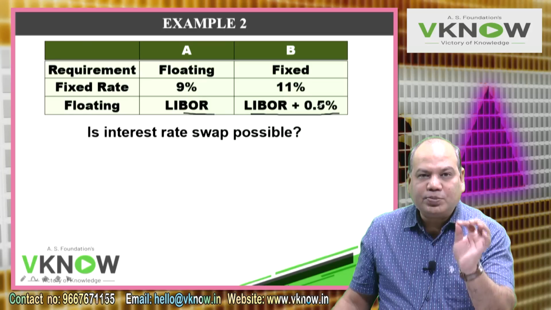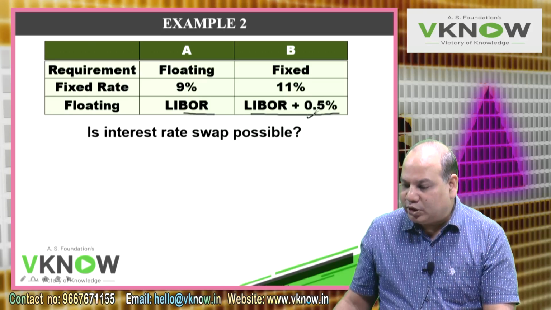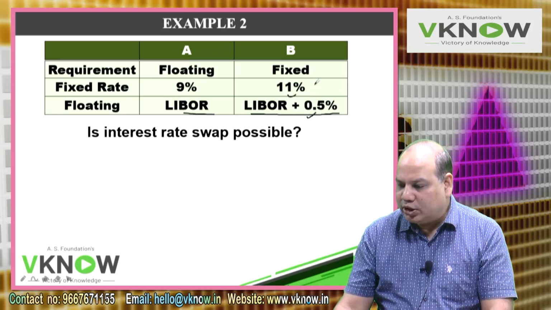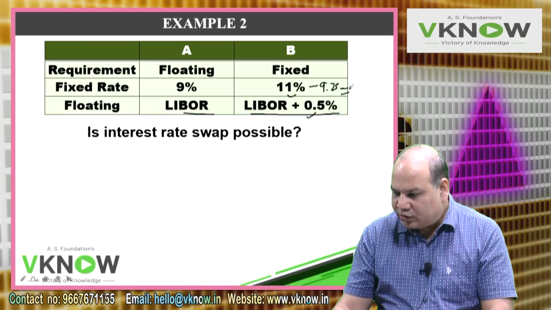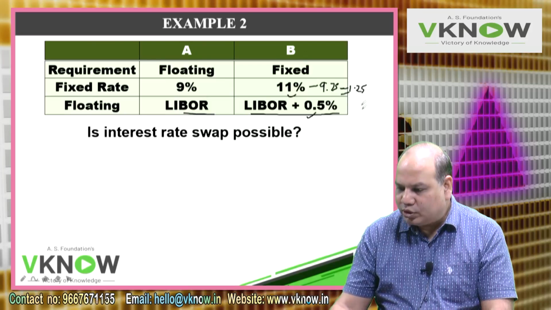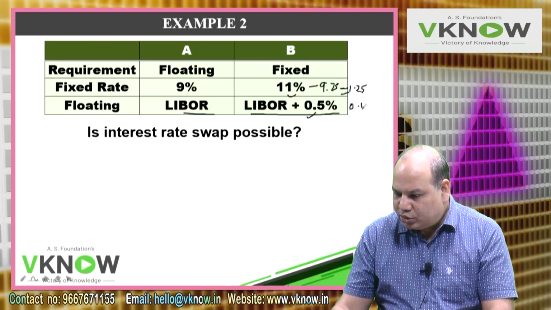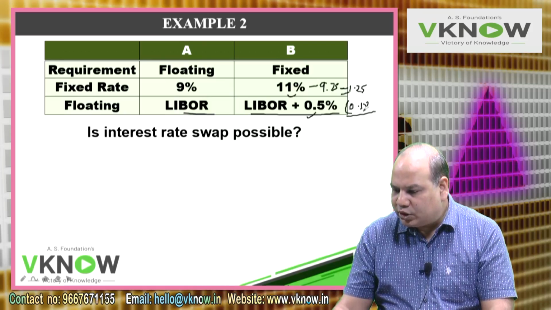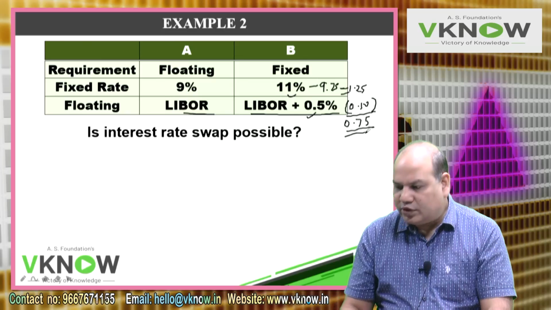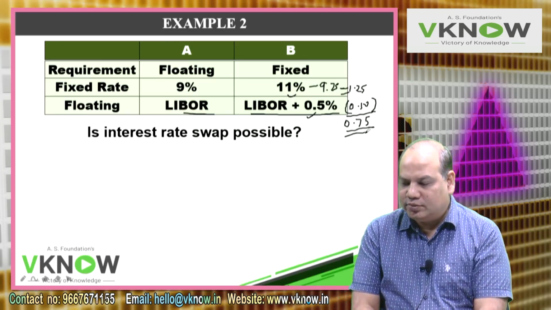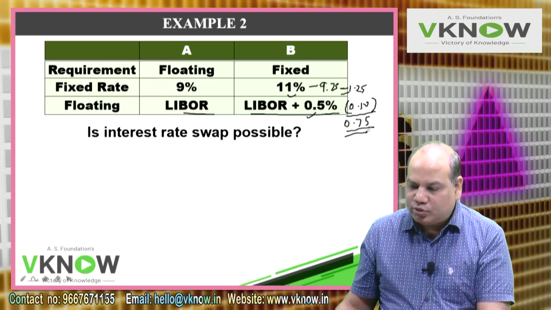So B loses 0.5% in floating rate, but on fixed rate, it pays to A 9.75. So B gains 1.25% on fixed rate, loses 0.5 on floating rate, but still the net saving is 0.75%. This way they will enter into a swap deal.